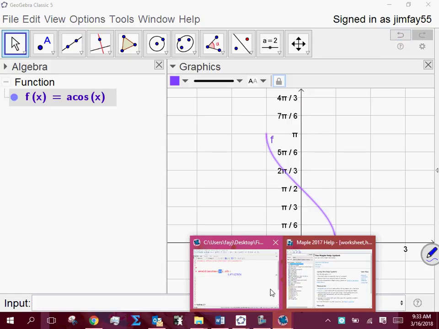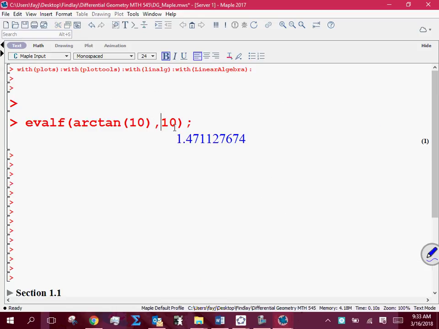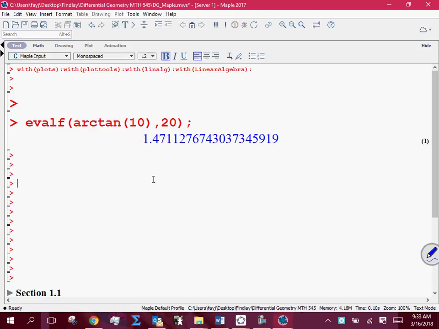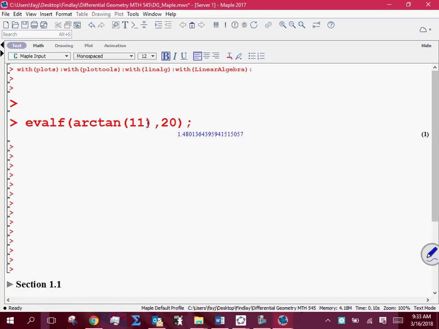Now, if I go out to 20 decimal places, it's going to be that number there. But what if I do 11?